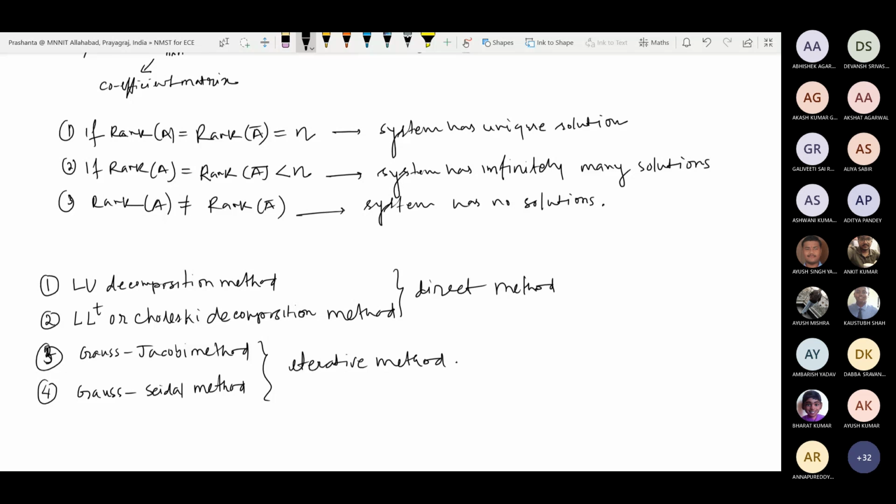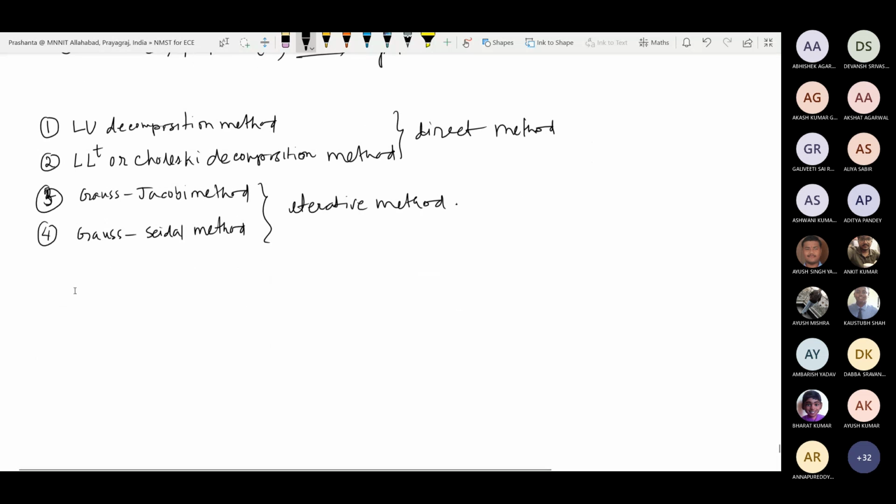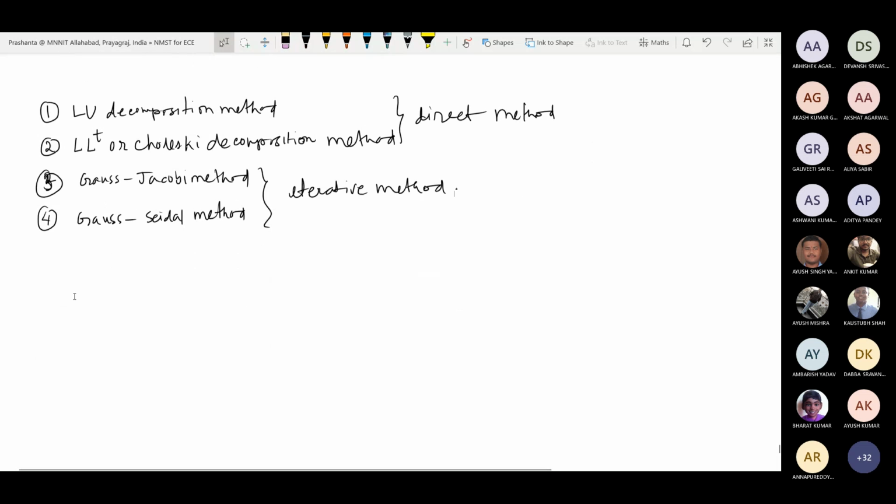Now, why are we bothering about these techniques, for example LU decomposition or LL transpose decomposition? Because in certain kinds of system of equations it is very easy to obtain the solution.